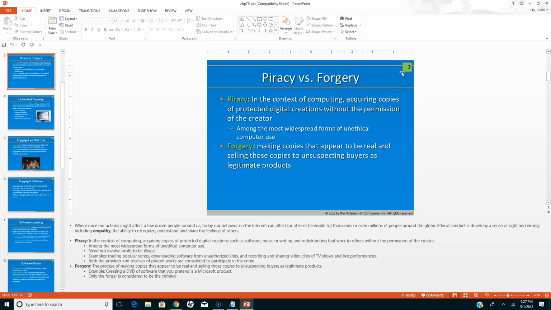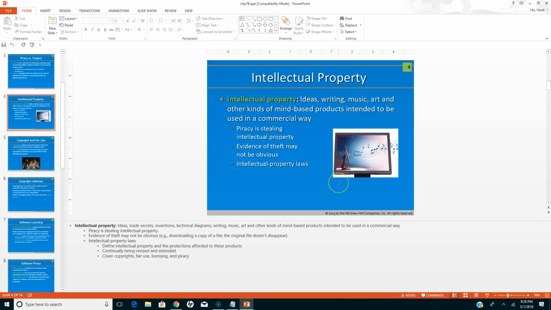A person making copies that appear to be real and selling them to buyers, that's called forgery. A classic example is selling a fake Microsoft program.